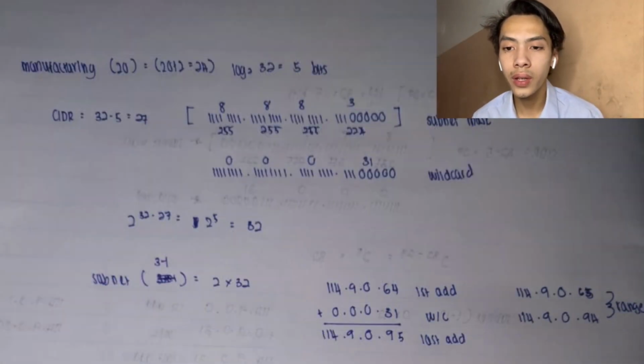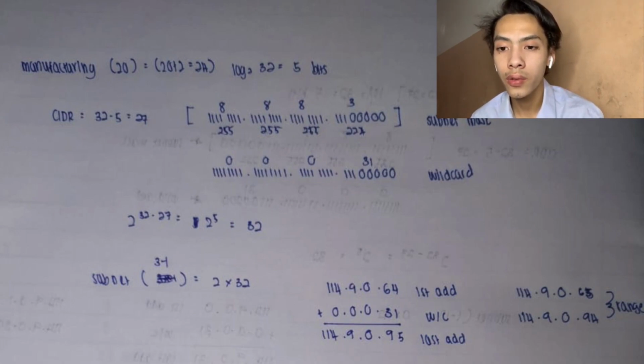Next, for the subnet manufacturing, as the maximum number of computers is 20, we plus 2 and get 22. Then we use log 32 because it is more than 16, and we get 5 bits. Then we calculate the CIDR and get 27.